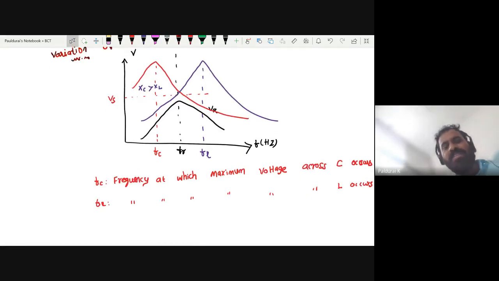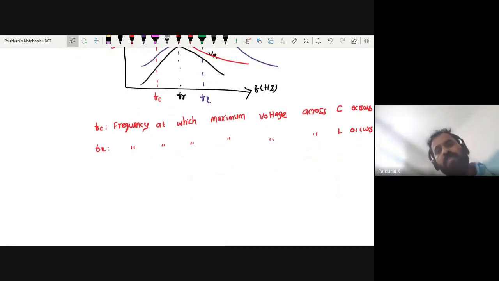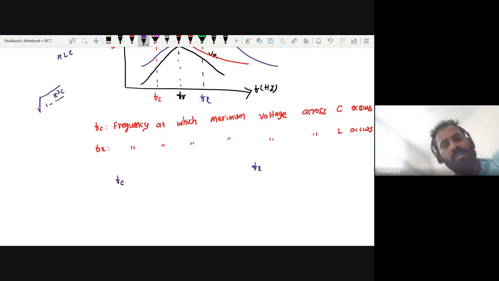Here this derivation is quite interesting, but I don't want to derive this formula for you. Straight away I want to give the final expression. You want to know the formula for FC and the formula for FL. This derivation is not required, and you want to know one expression: square root of 1 minus R squared C divided by 2L, for the RLC circuit.